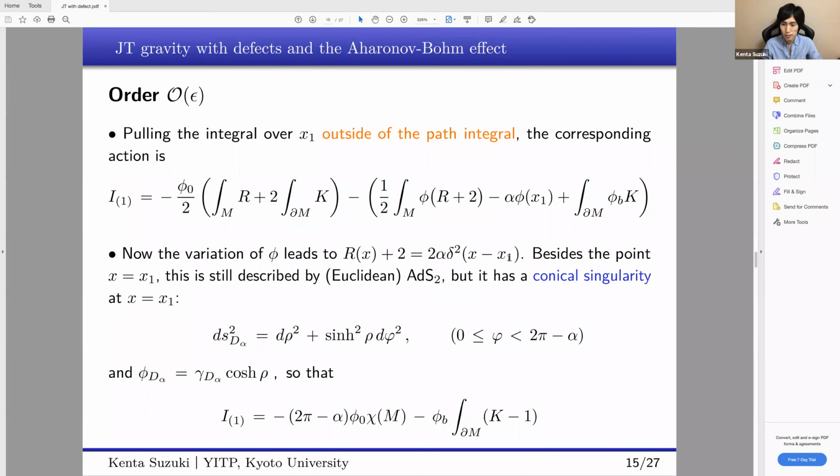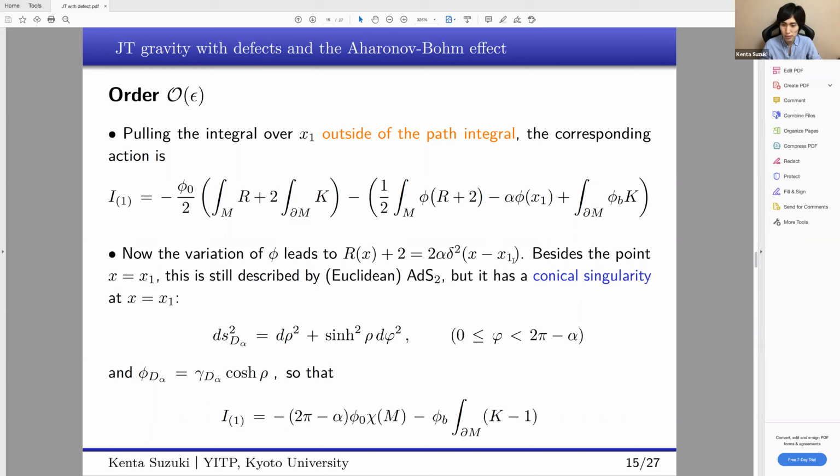However, besides this insertion point x equal x1, we can still have Euclidean AdS2 geometry. So we take the same form of metric as we had for the standard Poincare disk case.